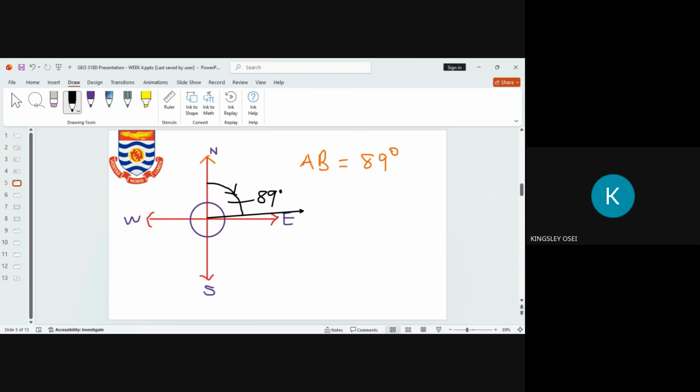If it was whole circle, here should be 0 or 360. The east should be 90. Here should be 180.